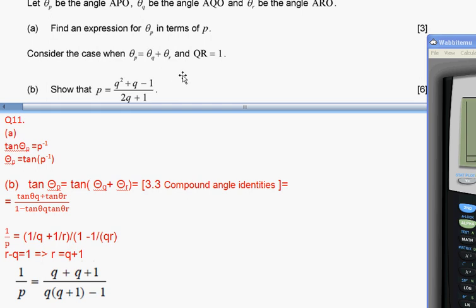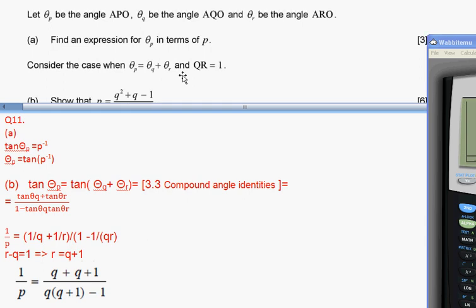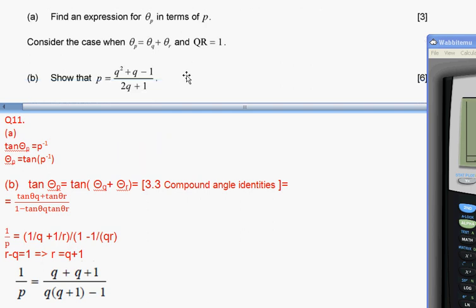Then we use the identity. Then we replace tangent with 1 over. When we use the relation between R, Q and 1, we replace R by Q plus 1. Then we rearrange and we do this, right?